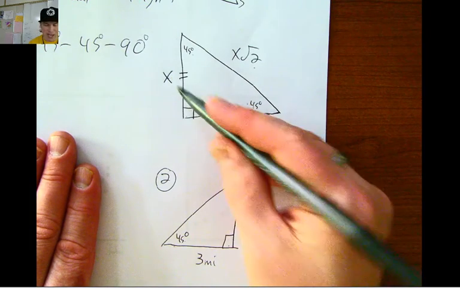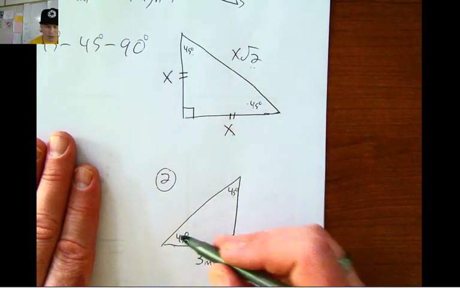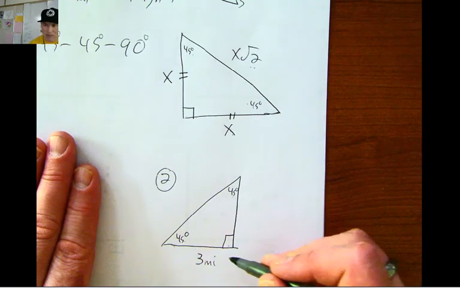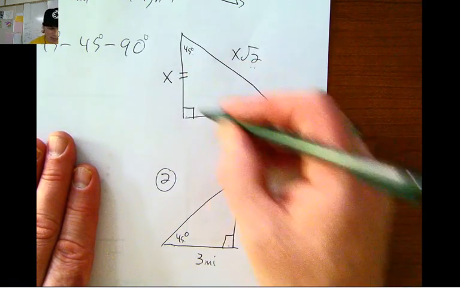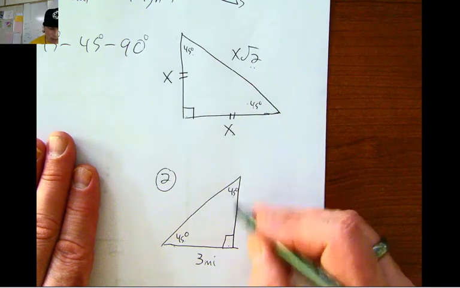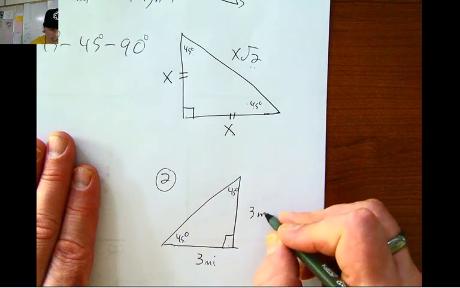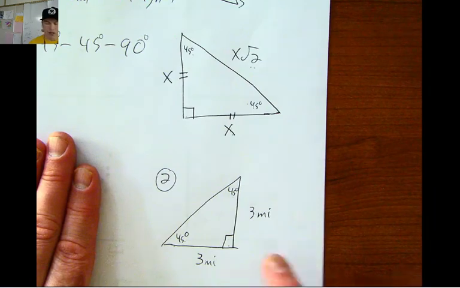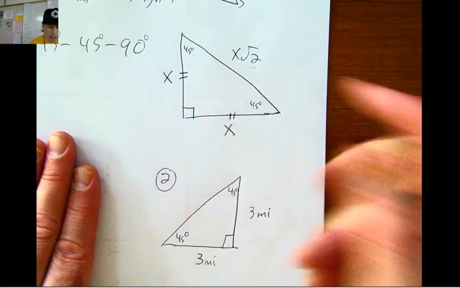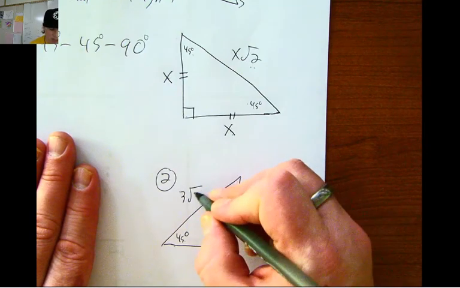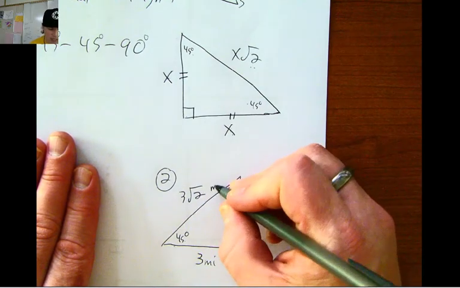Did they give me the x, or did they give me the x root 2? In this case, we're talking about the legs, so they gave me the x. So if they gave me the x, that means the other leg will also be a distance of 3 miles. And then according to this, if I multiply this by root 2, I'll get the hypotenuse. So the hypotenuse is 3 root 2 miles.